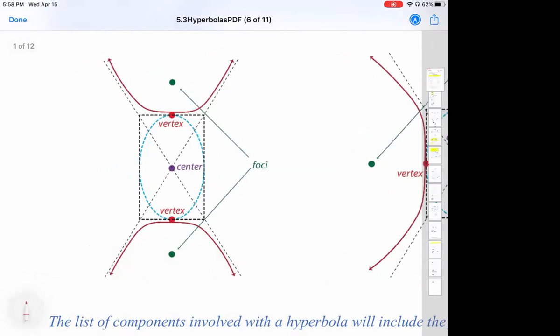A hyperbola is what you see in red. That part you see in red, that's your hyperbola. Everything else is just helping us keep track of how to draw this. It has an ellipse in the center just so you can see what he means. So you cut an ellipse in half and you turn it inside out. And that gives us these hyperbolas.